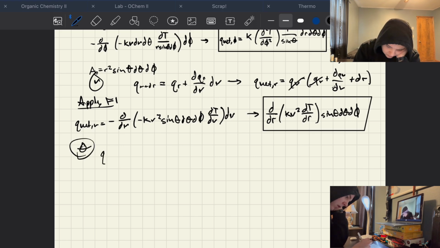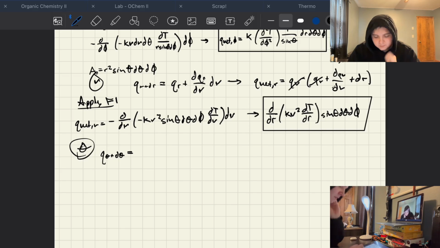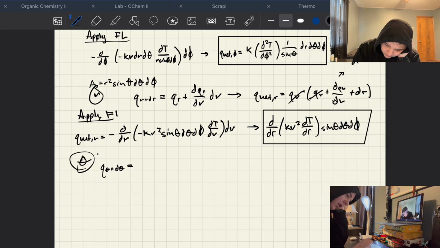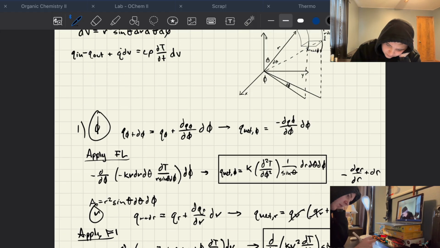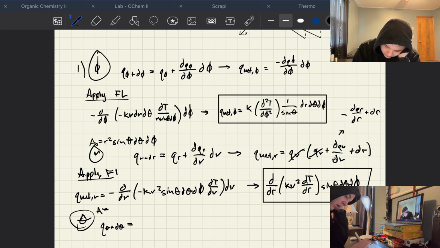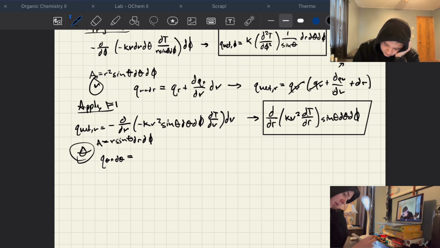So to get q theta plus d theta, well, actually let's do our area first. Area is equal to r sine theta dr d phi. Okay, that helps a little bit.